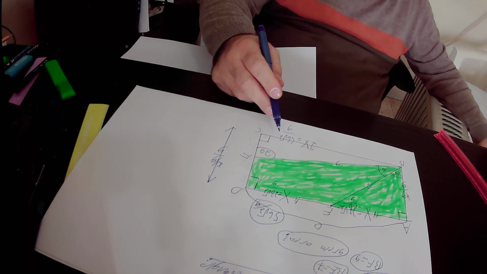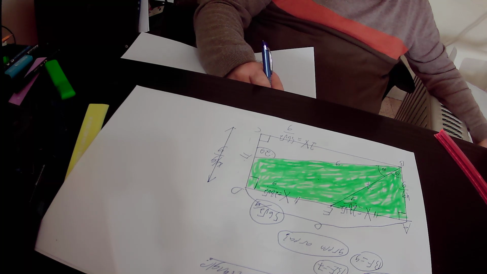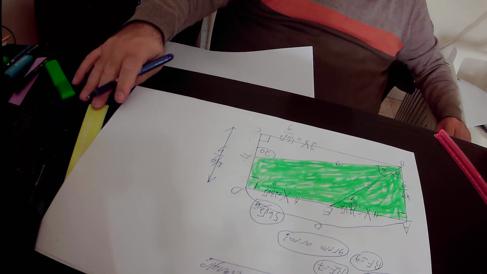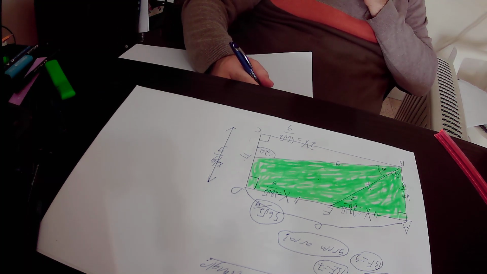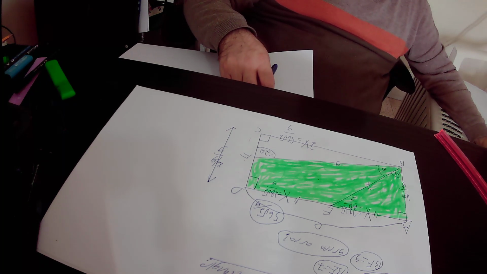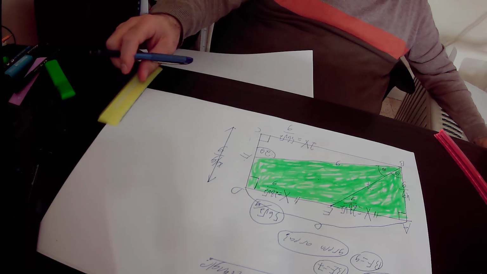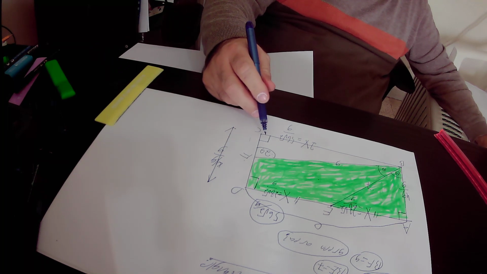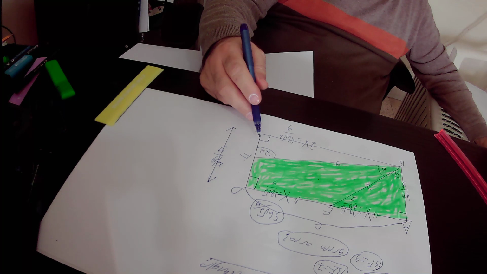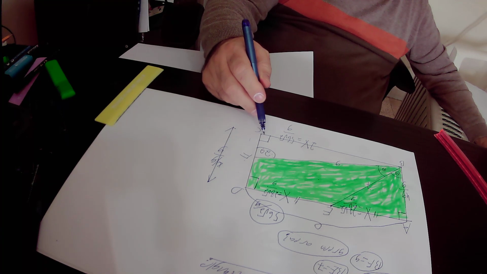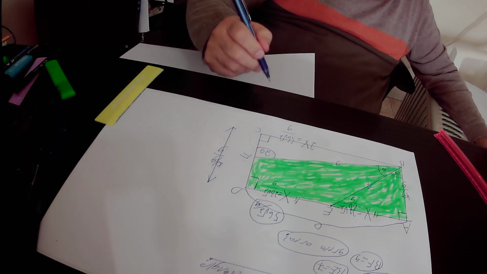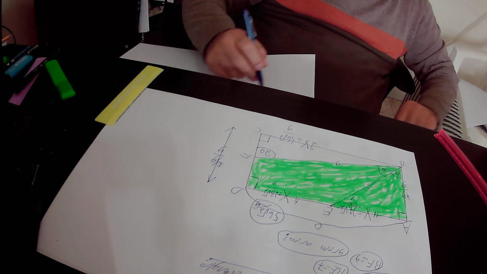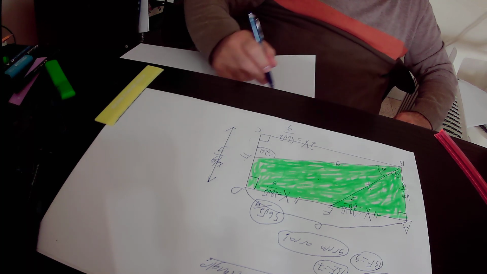In the right triangle BFC, cosine 2 theta equals FC over BF, and BF is 9.